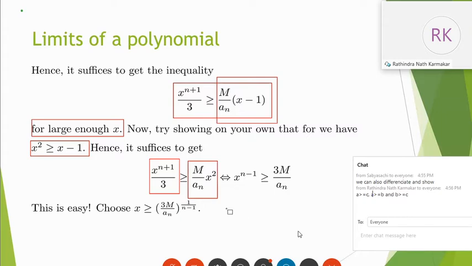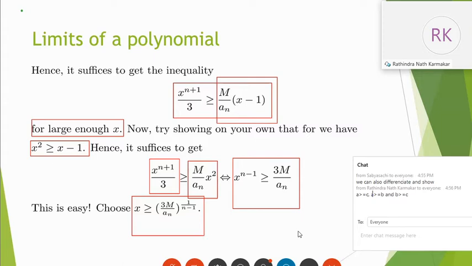So now this part is very simple. Just divide by x square both sides. This is allowed because now we are assuming x to be greater than or equal to 2 and 6 mod b minus 6b. So x is positive at least right now. So divide by x square, and you want to prove that x^(n minus 2) is greater than or equal to 3m by n. And this is easy. Choose x greater than or equal to (3m by n) power 1 by (n minus 1).